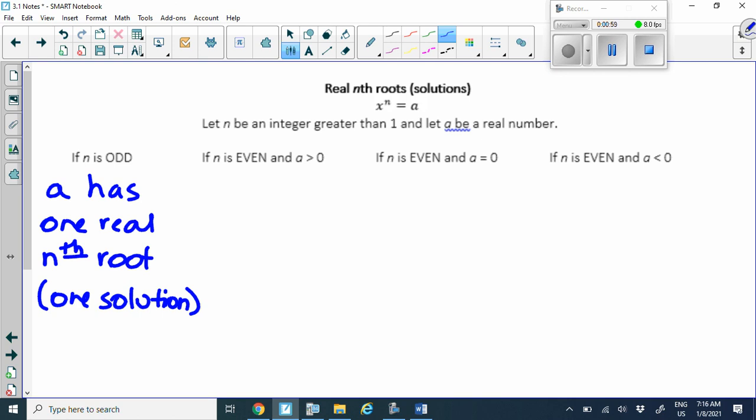Now, let's say if n is even and our a value is greater than 0, like the square root of 4. So if we have the square root of 4, that means we're going to have two real solutions.